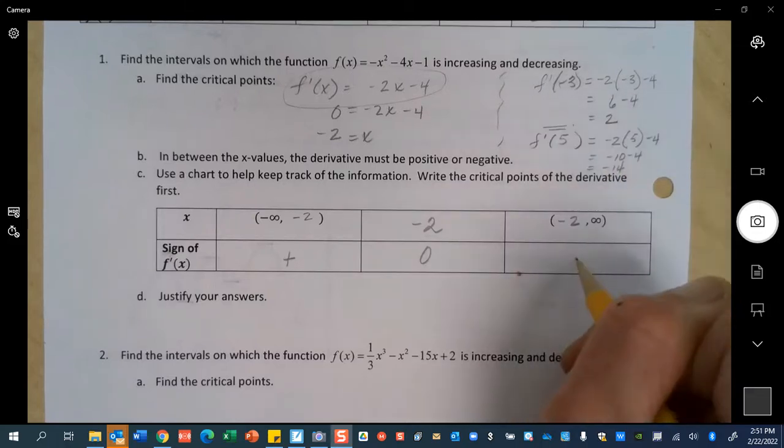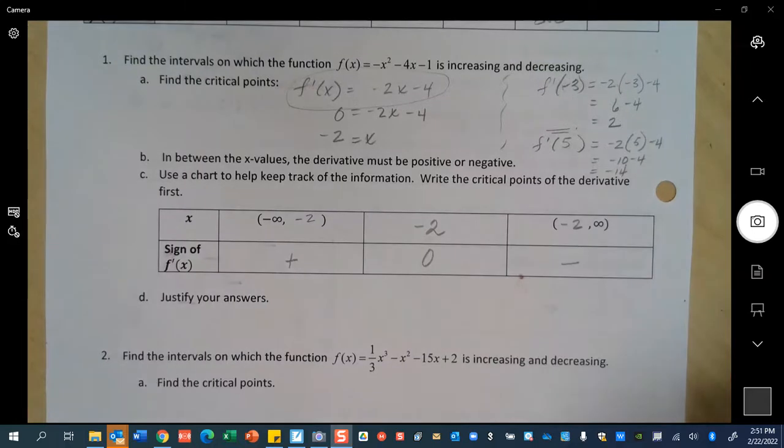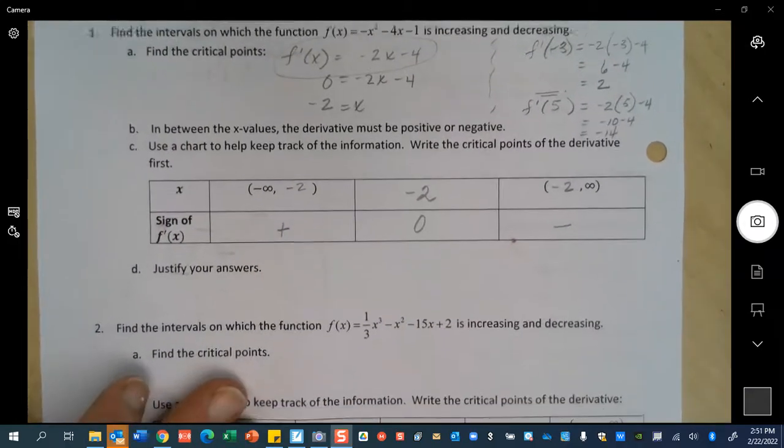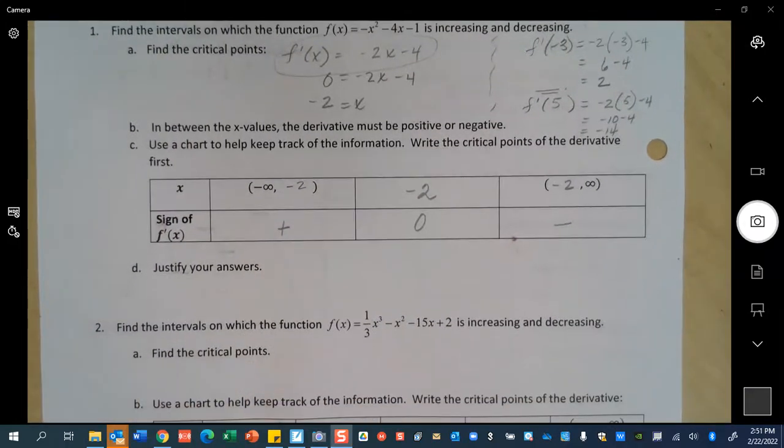What is the sign of my derivative? Yeah. So because I know that leading up to my critical point it's positive, here's where I hit 0, and here's where it comes down to negative. By choosing test points, I can use some math and figure that out.